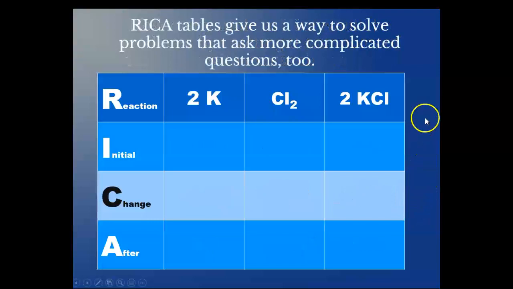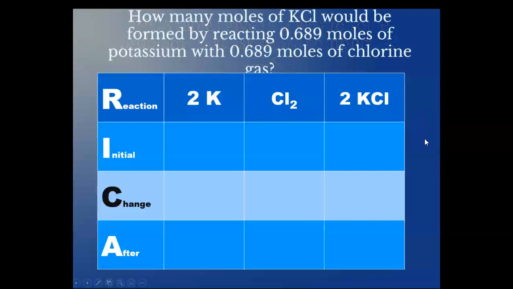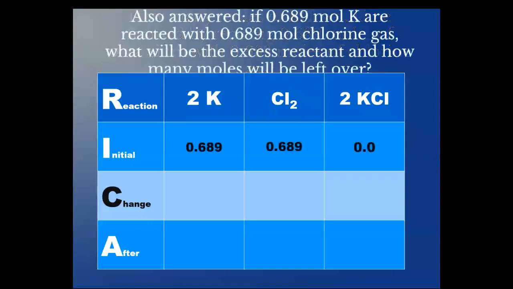RICA tables also give us a way to solve more complicated questions that we might see. For instance, suppose we mix 0.689 moles of potassium with 0.689 moles of chlorine. How much potassium chloride would we get? Okay, well, the initial is fine. We don't have any end product, and we have equal moles of potassium and chlorine.